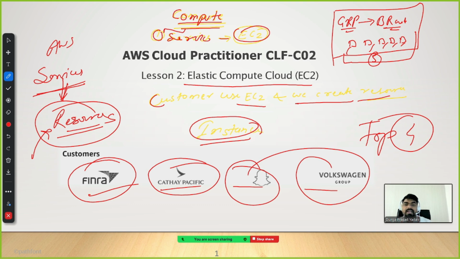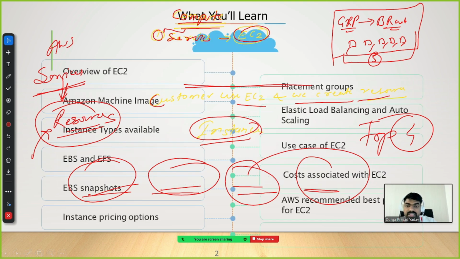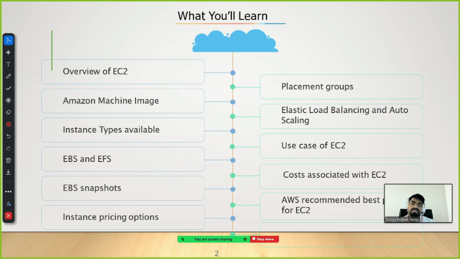Let's come back to the topic again. EC2 is the service, and by using EC2, these companies, FINRA, Cathay Pacific, Snapchat, and Volkswagen Group, are getting more benefits. Now, guys, we will see much more detail under EC2. We'll try to understand what exactly EC2 is, the complete overview of EC2. What is AMI, Amazon Machine Image?